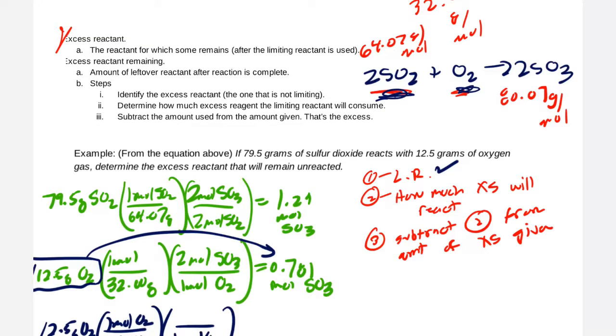And I recognize that for every 1 mole of O2, I react 2 moles of SO2. And since we're dealing with how much, we're dealing with grams, I'm going to convert that back to grams. This will tell me how many grams of sulfur dioxide actually reacts with my limiting reactant.